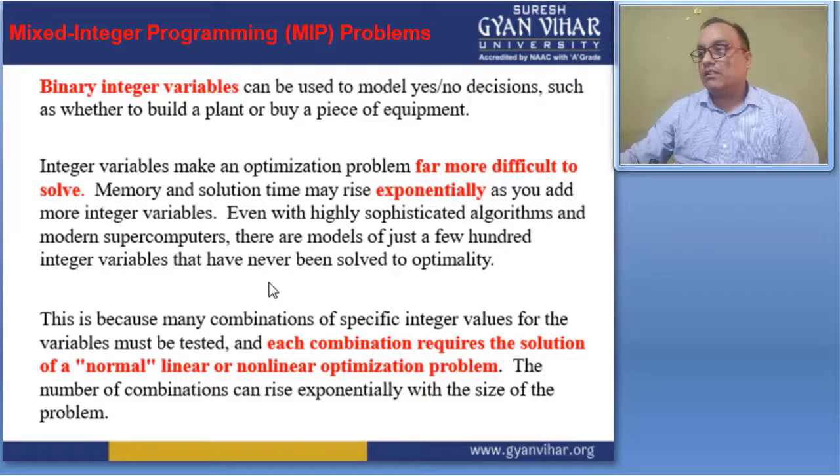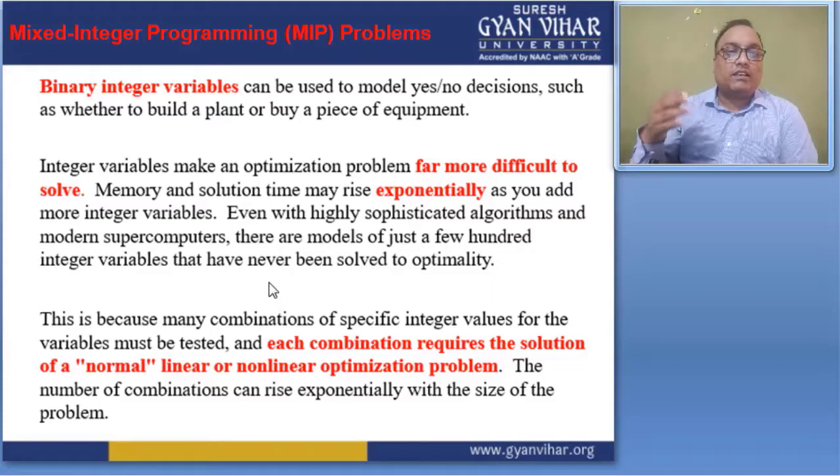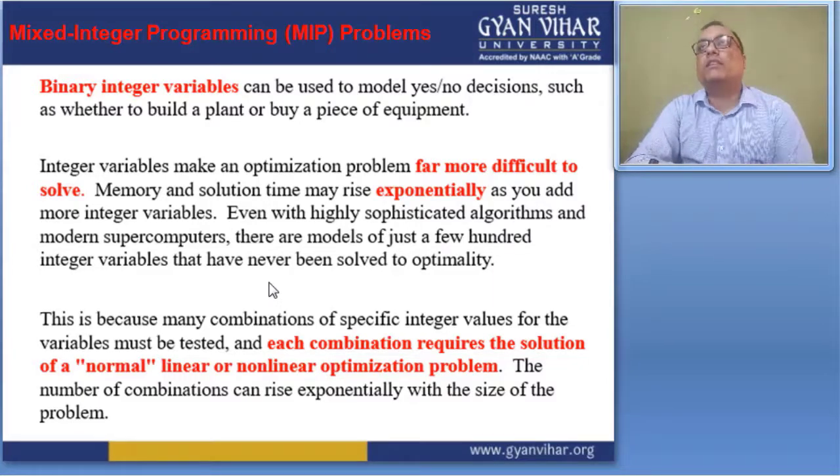So the number of combinations can rise exponentially with the size of the problem. The number of combinations, meaning 0, 1, 0, 1, the different types of constraint combinations, increases exponentially with the size of the problem.